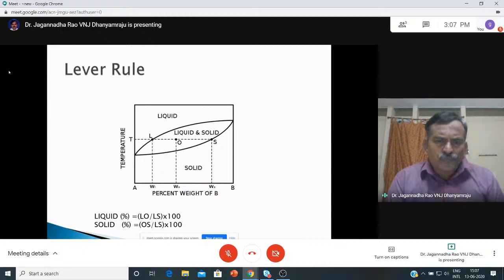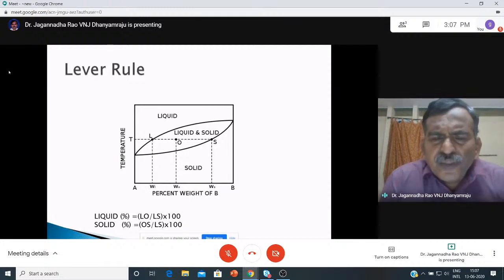So there are two things. You will get the composition of the liquid phase, and you will get the composition of the solid phase, and you will get the percentage of liquid and the percentage of solid.